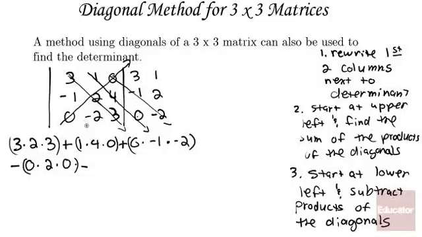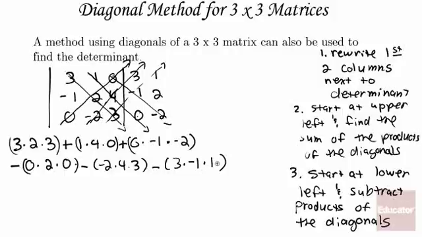Minus this next diagonal, which is negative 2, 4, and 3. Then I'm going to subtract this next diagonal, 3 times negative 1 times 1. So all you're going to do is find the products of the diagonals starting up here going down, add them, then find the products of these diagonals going up, and subtract them.